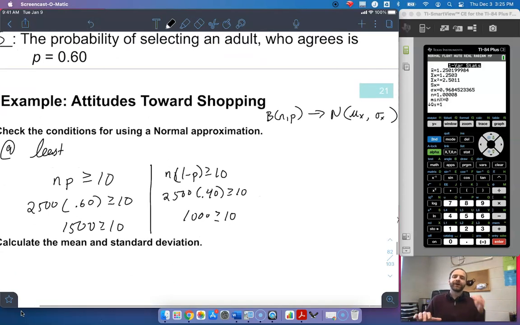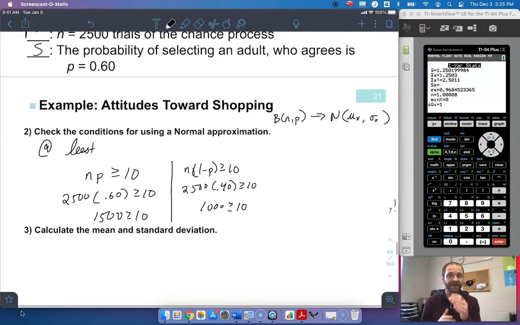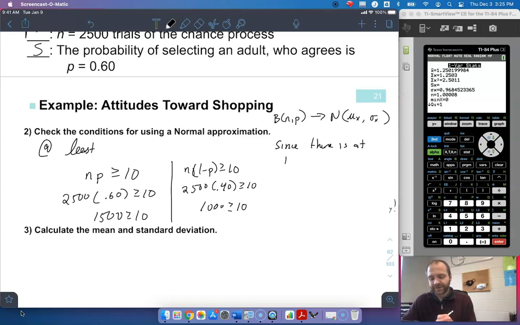Perfect. You know what? We can do this, but I better state that. I can't just make that my final answer. If I'm checking the conditions, I better say I can do it. So, since there is at least 10 successes and 10 failures, we can approximate normality.